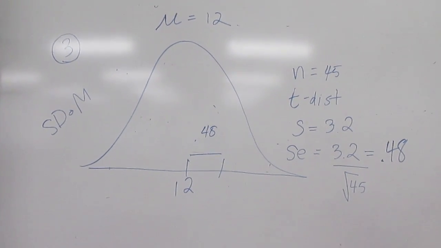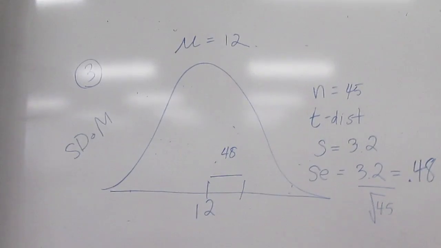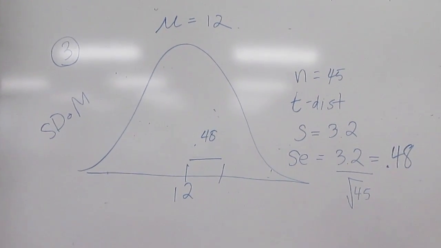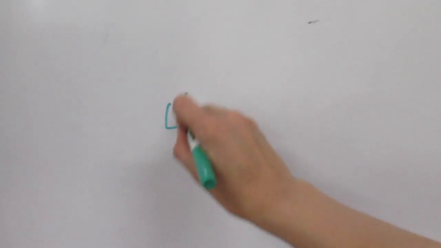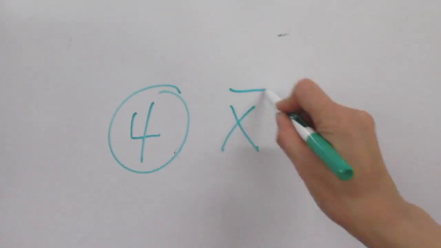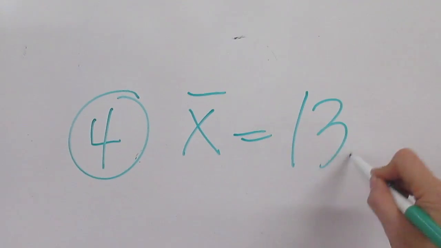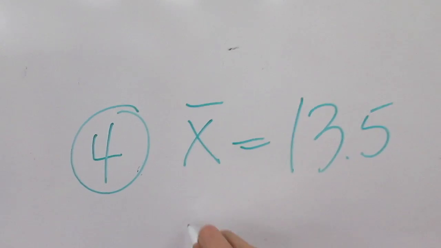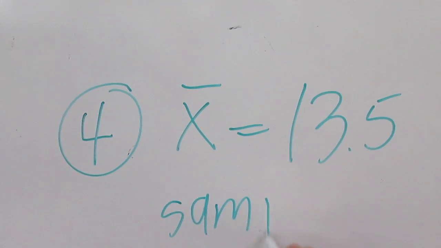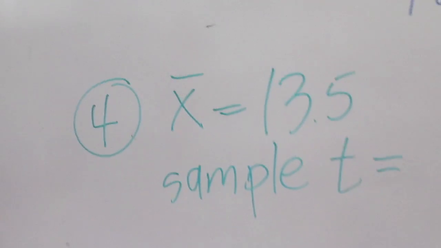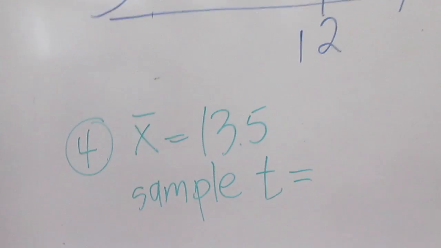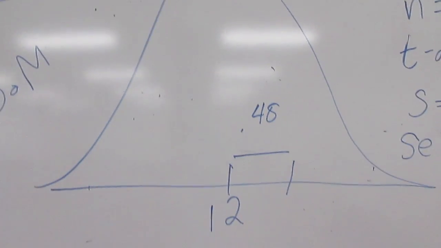As I said in class, I'm going to try to put the sample in green, so you know the sample mean. I'll write a 4 here just to keep track of our sample stuff. So we know the sample mean is 13.5. Now what's the sample t? Well, you could calculate it. You could have SPSS do it, and we'll go through the formula. But here's the intuition I want you to have.